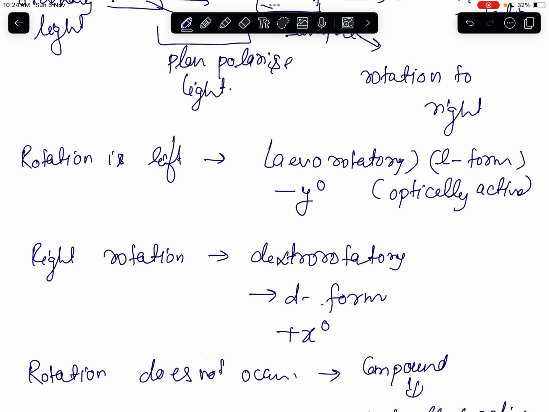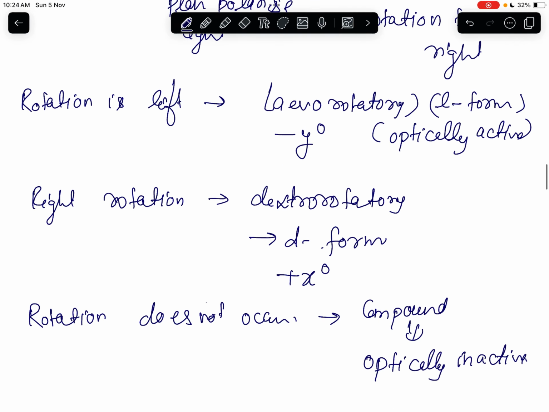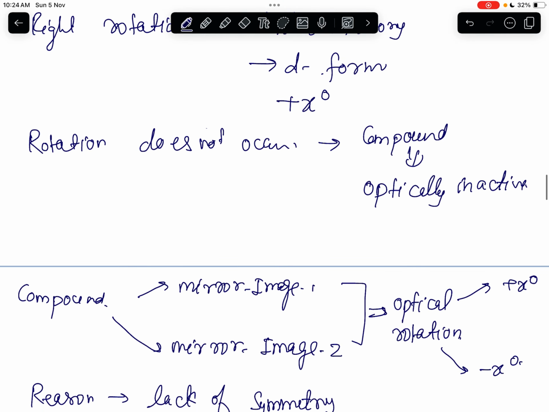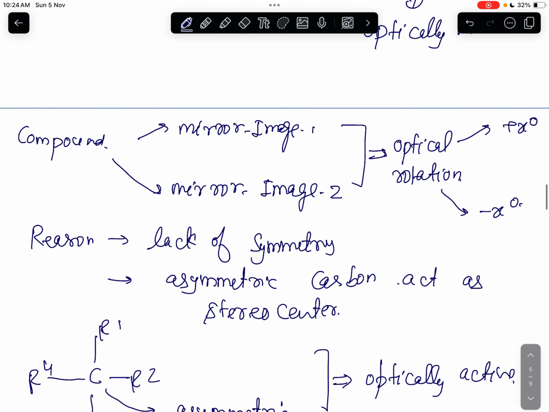If the compound rotates light to the left, it is levorotatory, and we represent it as the L form, with the minus sign. For right rotation, we represent it with the plus sign, the D form, dextrorotatory. If rotation does not occur, the compound is optically inactive.